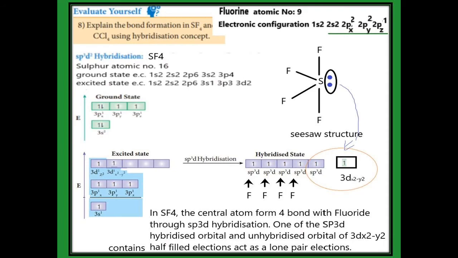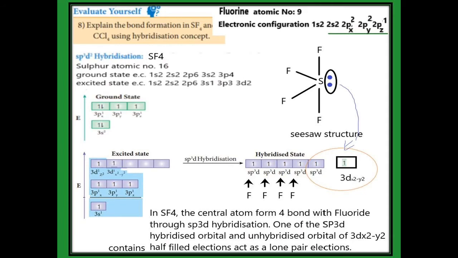After excitation, one of the 3s electrons goes to the 3d orbital, and in the same way, 3px has 2 electrons in the ground state, but in the excited state one electron goes to 3d x squared minus y squared.